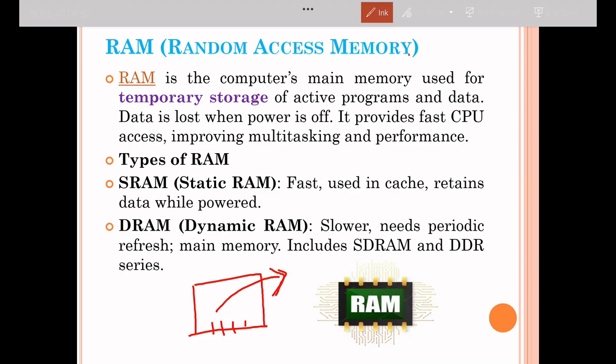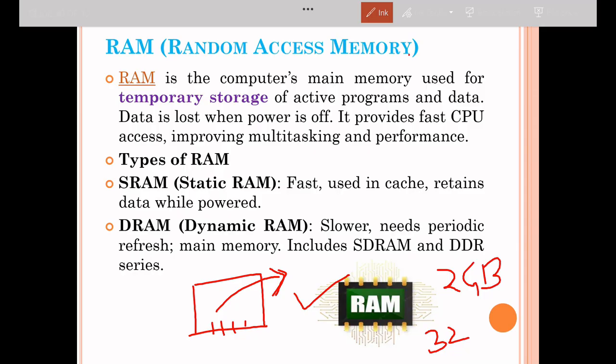You have seen your laptop RAM; before it was 2 GB, nowadays 16 GB or 32 GB. You can also change the RAM in your laptop. Suppose you have 16 GB, you can also increase the size.